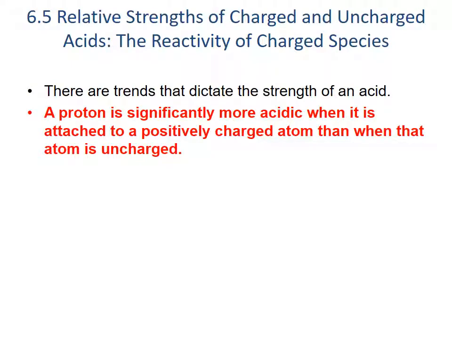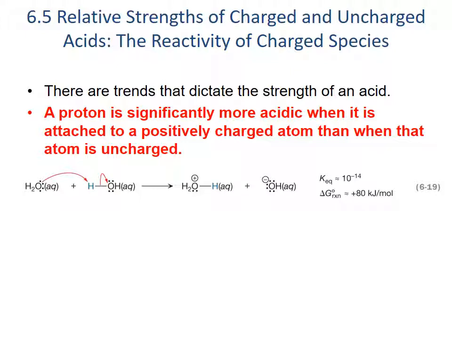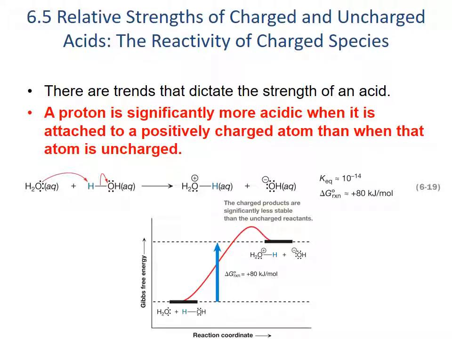A proton attached to a positively charged atom will always be less stable and therefore a better acid. A straightforward example of this is the autoionization of water. We know that since the products are charged, they will be higher energy than the reactants, which means the reaction is endergonic and will favor the reactants.